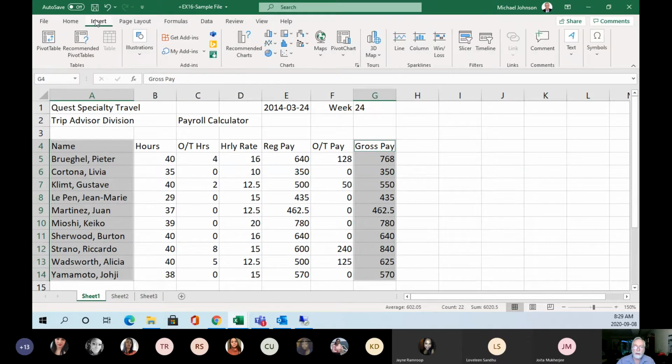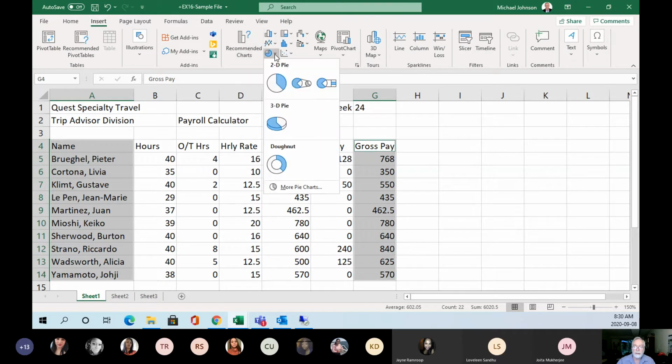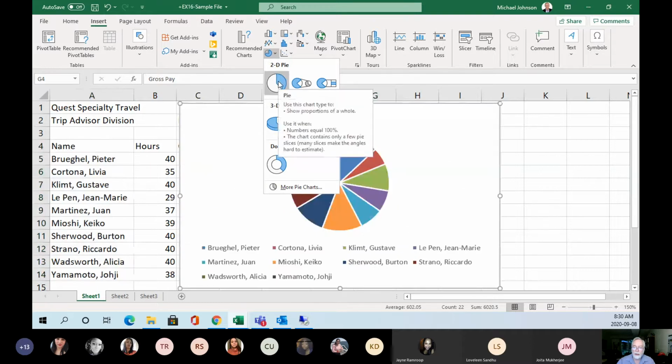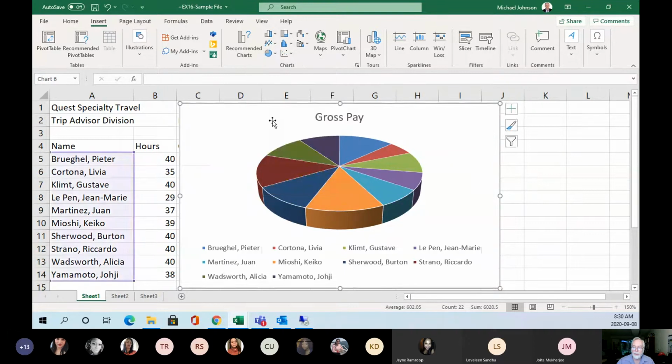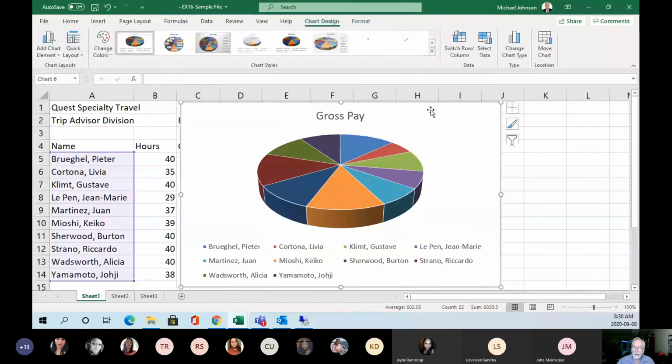And now I'm going to come in here and again insert, and I'm going to choose a pie chart instead. Now there are several kinds of pie chart, and I could use this one here, or what I could do is a three-dimensional pie chart. I actually like the three-dimensional pie chart, so I'm going to click on it. And there it is. So now I have this 3D pie chart.